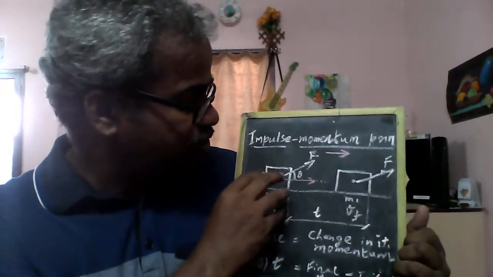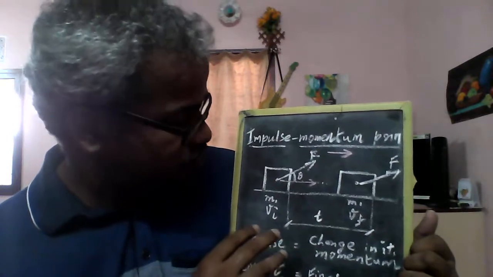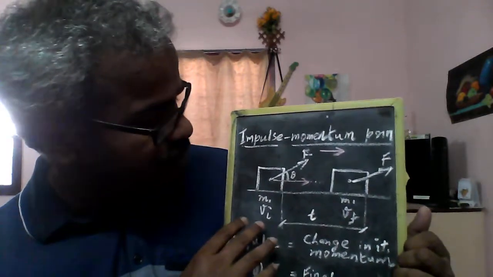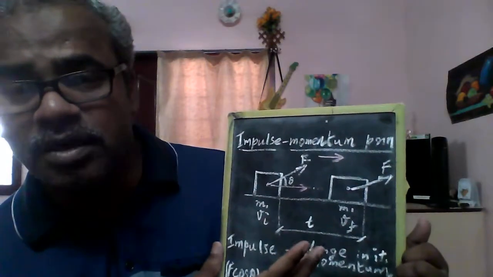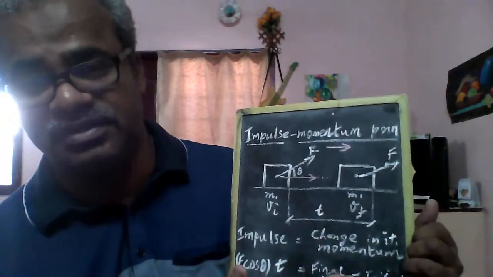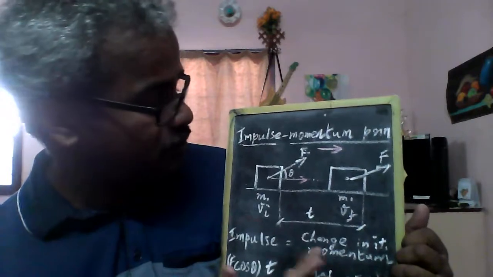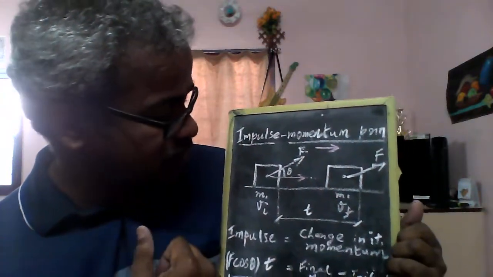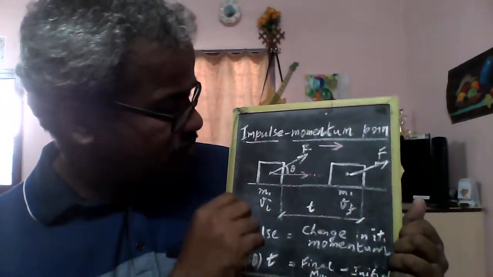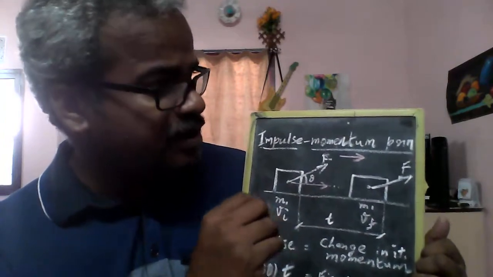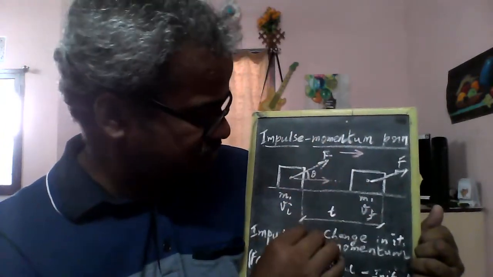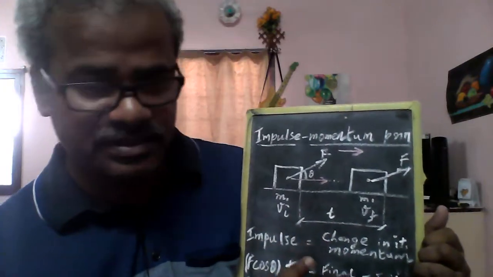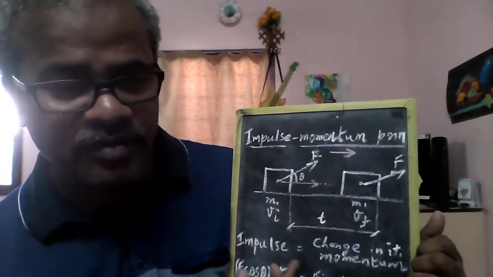Suppose a body is moving. The moving body will have a momentum. Momentum is nothing but mass into its velocity. And after some time it will have an impulse.